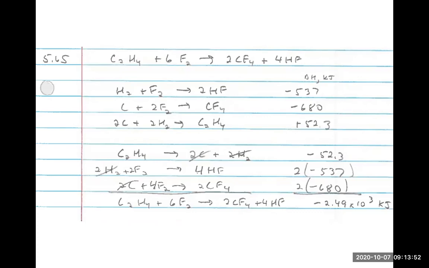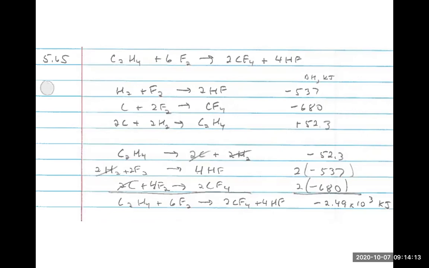Since I flipped it around to match that top reaction, I had to change the sign from plus 52.3 to minus 52.3. Once again, this is what we talked about: the number doesn't change, the sign changes if you flip the reactions back and forth.